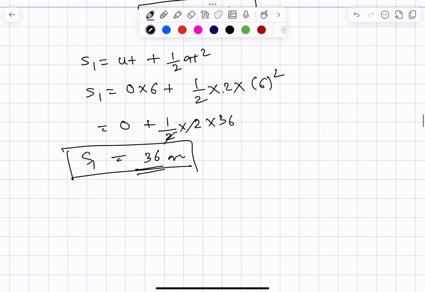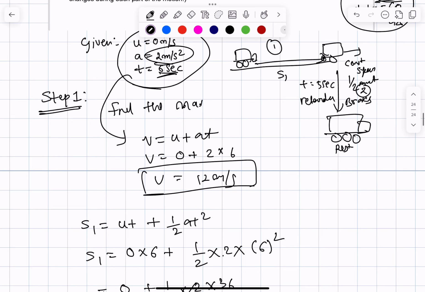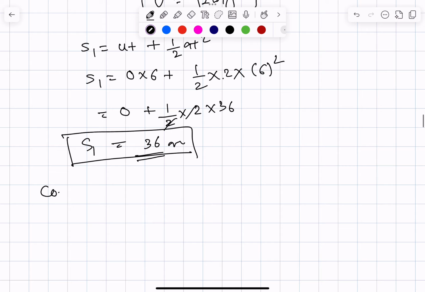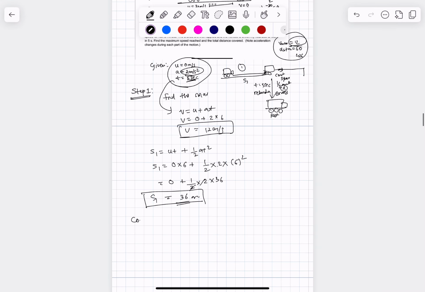Now we need to calculate the constant speed phase.